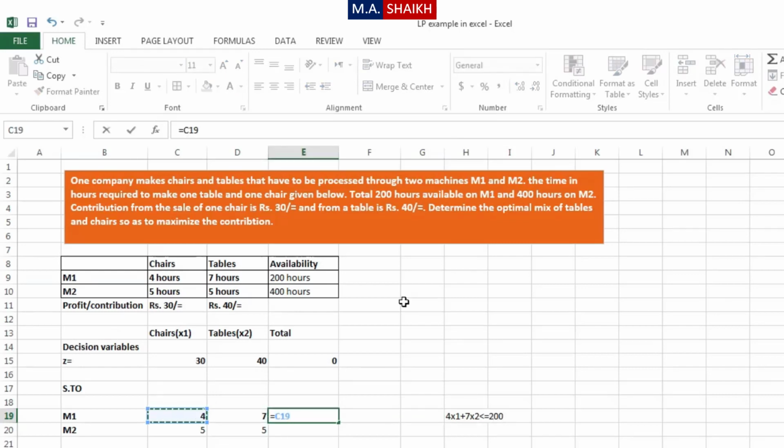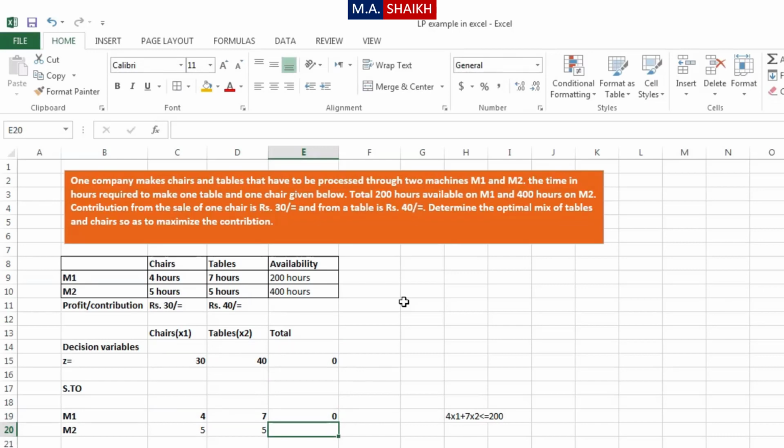So this is 4 multiplied by x1, what is x1? x1 is this one, plus 7 multiplied by x2. What is x2? This one.